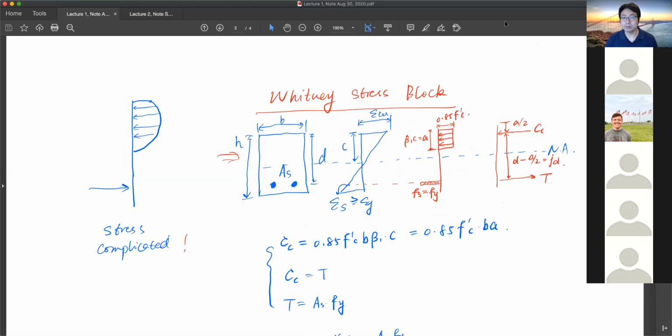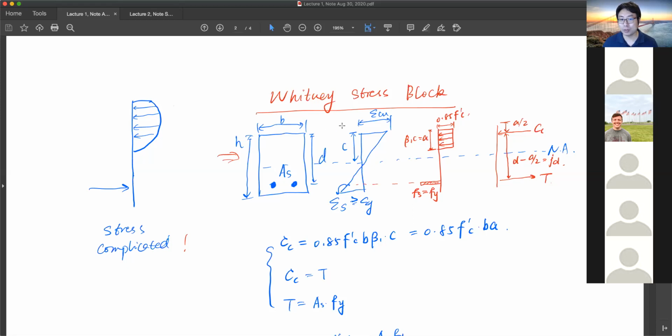So let me recall a little of what we learned from the last lecture. We talked about the Whitney stress block. It came from a problem with the stress distribution in concrete beams. Since we have a linear distribution of stress, we cannot easily calculate the moment resistance that way.